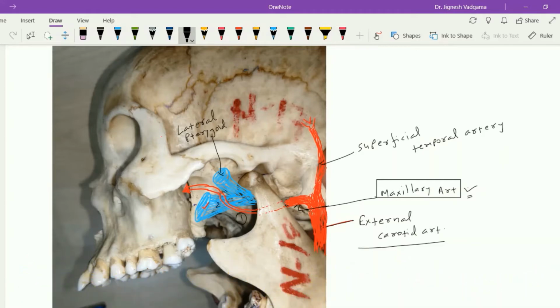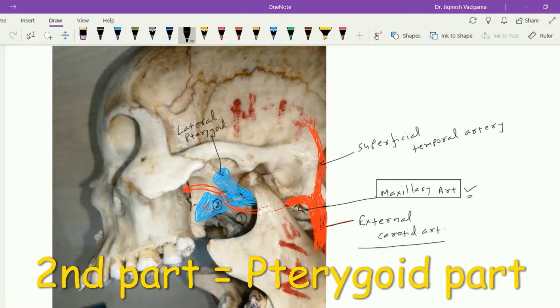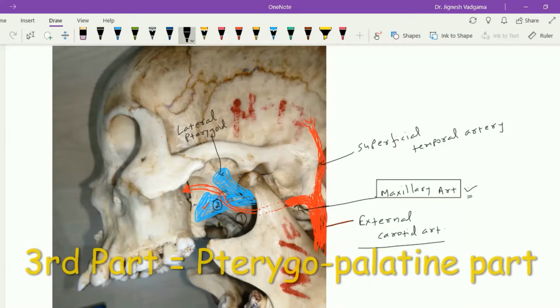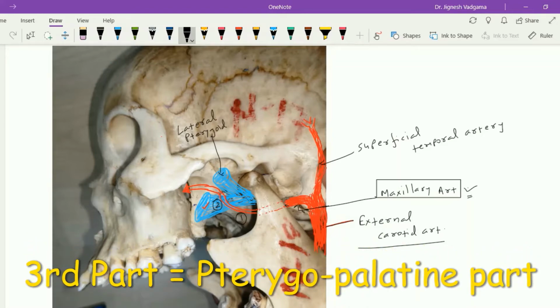The second part of the artery runs superficial to the lower head of the lateral pterygoid muscle, and this part is called the pterygoid part of the maxillary artery. And the third part, which passes between the two heads of the lateral pterygoid muscle and enters into the pterygopalatine fossa, is called the pterygopalatine part.